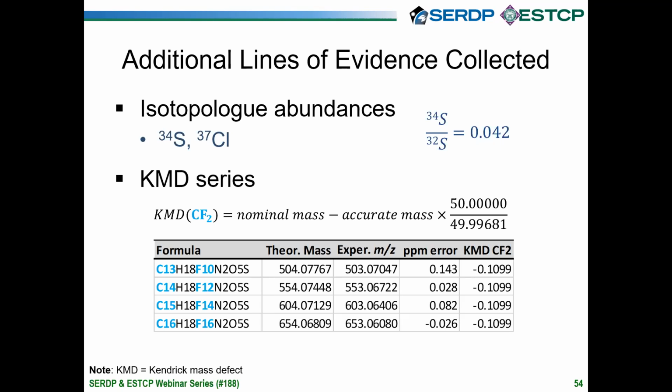The Kendrick mass defect is an algorithm, listed here, that helps you sort your data and find series that are related and that differ in mass only by the number of CF2 units. With that, we can identify a whole slew of analytes as PFAS.